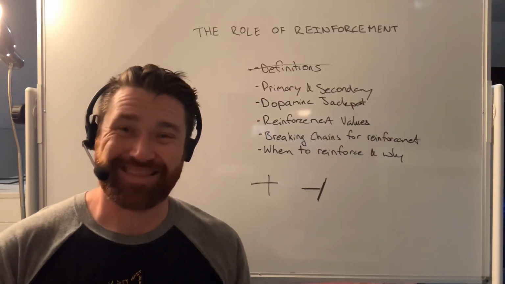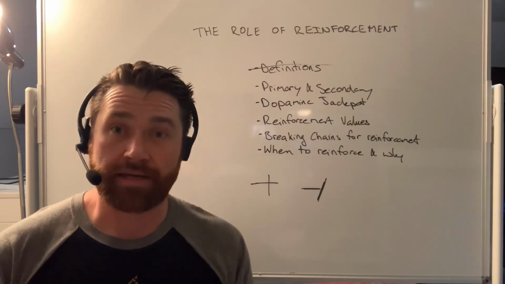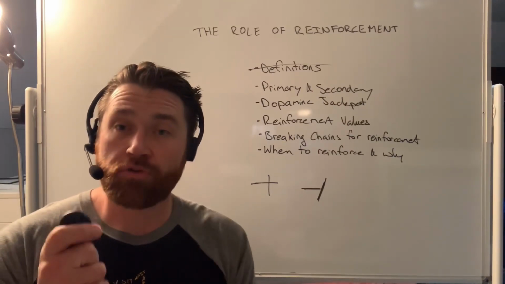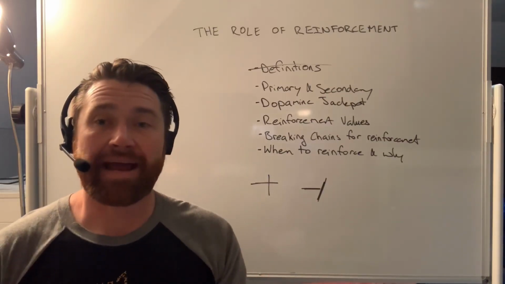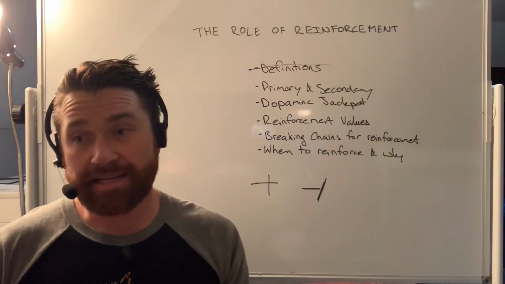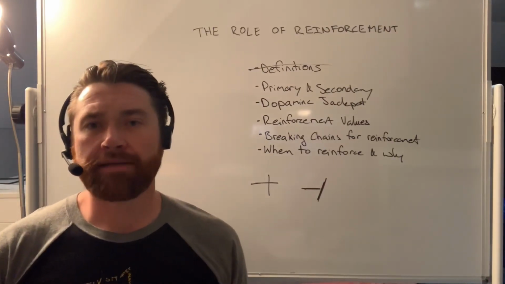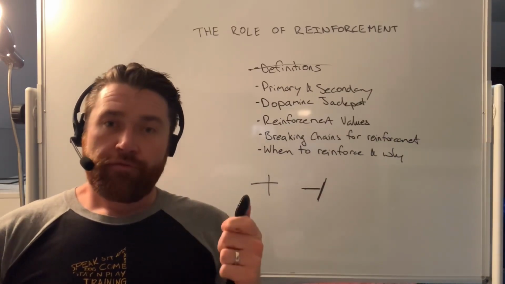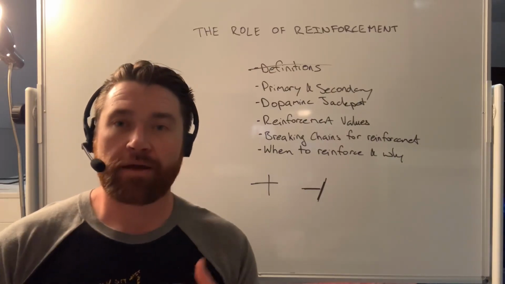The primary reinforcer is the thing that the dog actually finds reinforcing, the thing that will actually increase the frequency and likelihood of a behavior. The secondary reinforcer is the clicker or the marker or whatever you're using that announces and precedes the primary reinforcer. We've talked about this when we talk about markers, but it's very important to understand that your secondary reinforcer, your clicker in this case, acts like a battery.